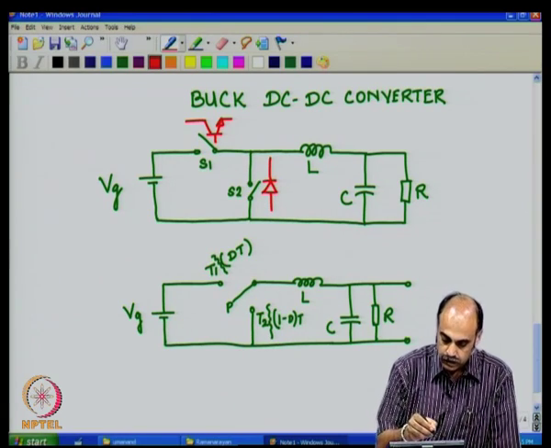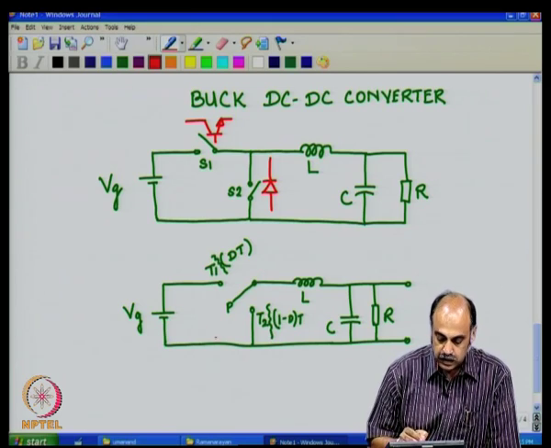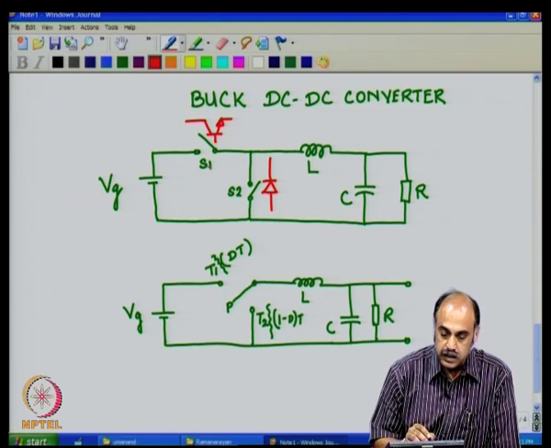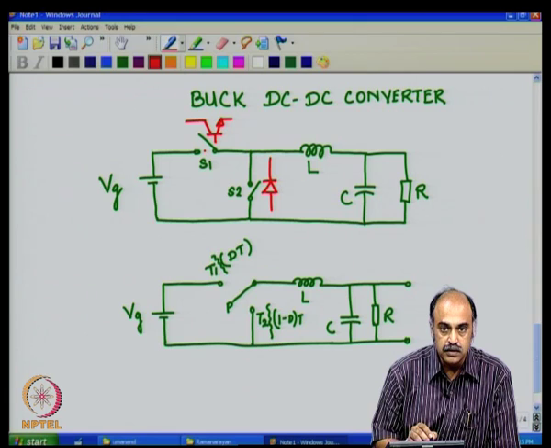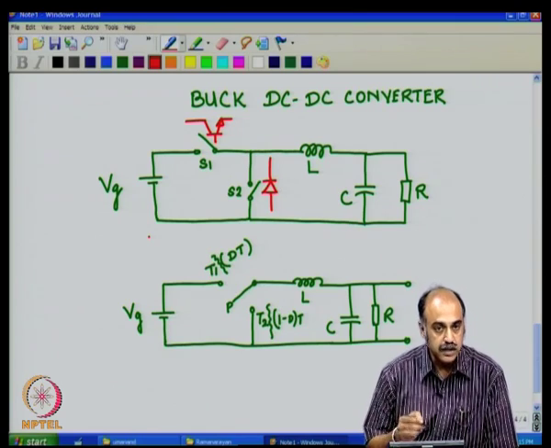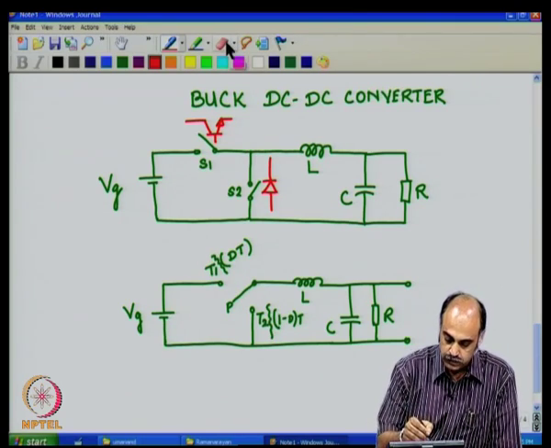So, you start with a single pole double throw switch, and then as you progress, you switch over to single pole single throw switches, and then replace them with the semiconductor switch symbols to go more towards the implementational circuit.